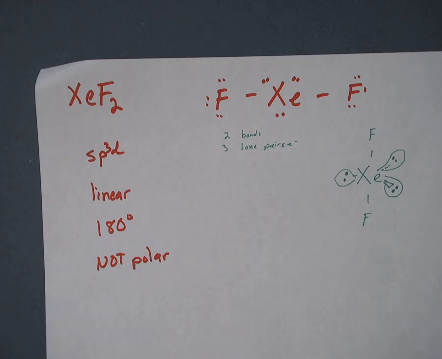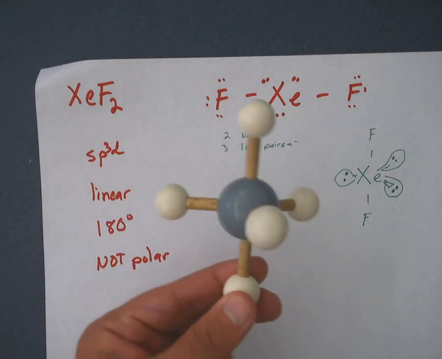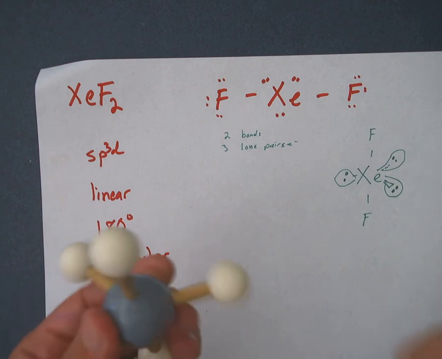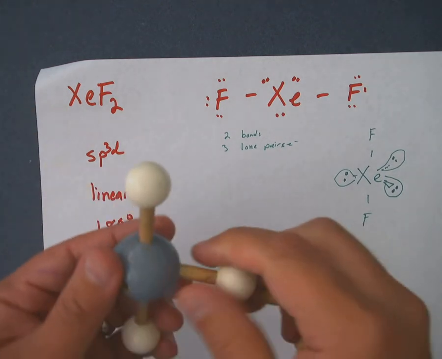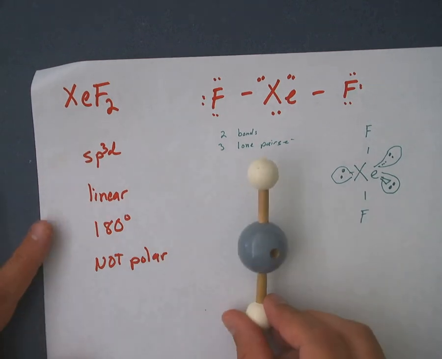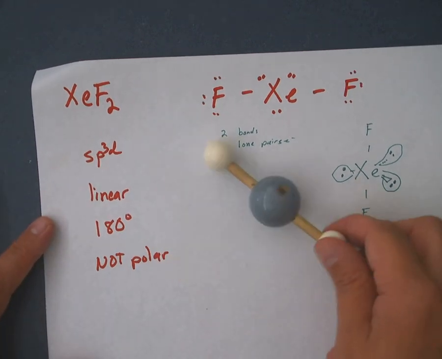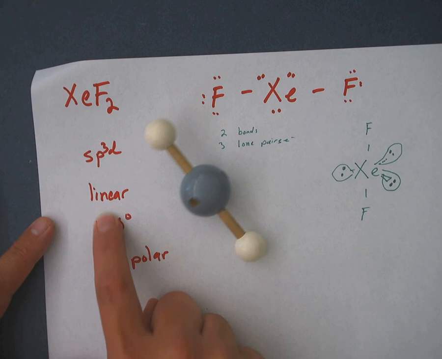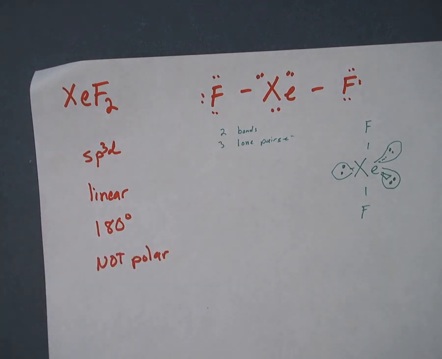Let me find one. Our little trigonal bipyramid. And if we take 3 bonds off the equator where there's extra room for the electrons, we get this shape, which is right back to what we had earlier. We have a linear shape, 180 degrees, and it's not polar.